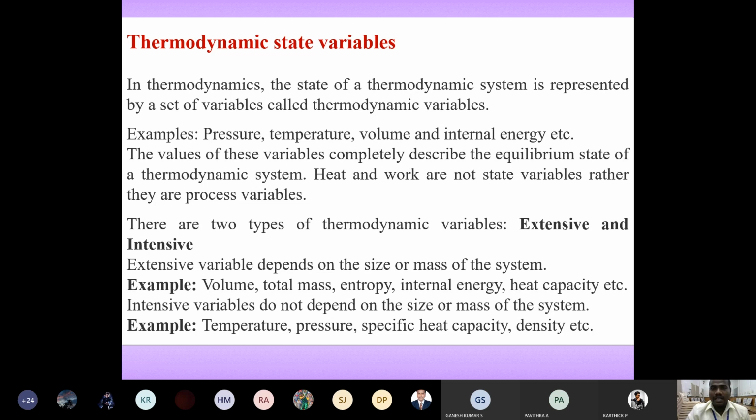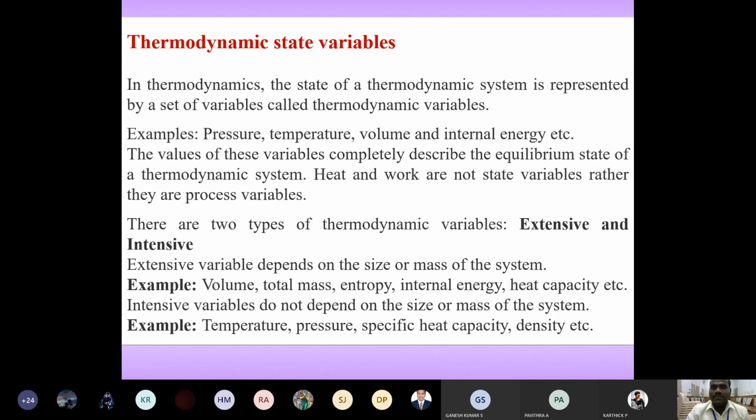In the last class I said a point function, or we can say the state. Any point can be called a state, and each and every state will have its own variables. Examples: pressure, temperature, volume, and internal energy, etc.